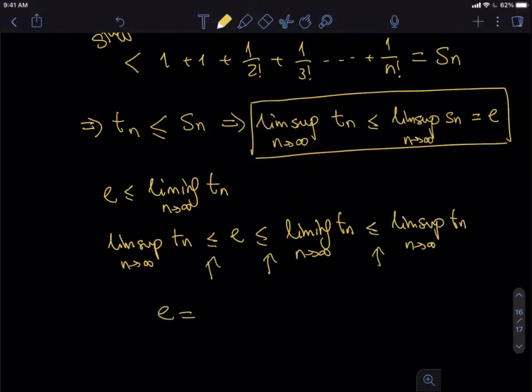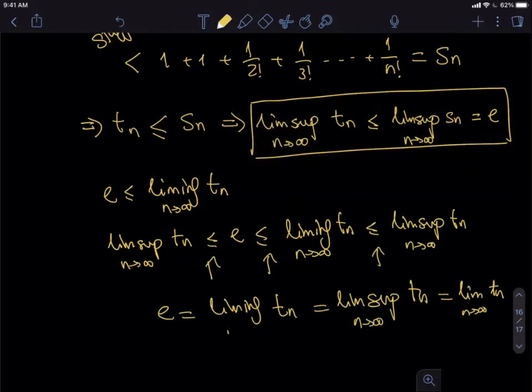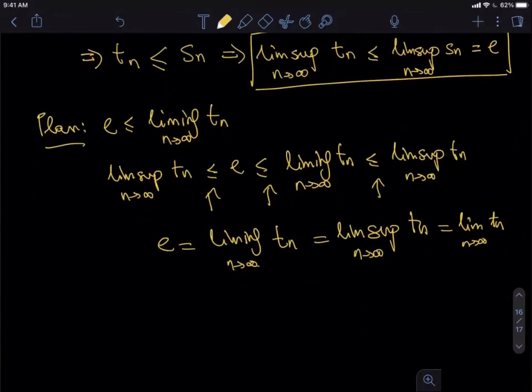We have that e equals the lim inf of the Tn equals the lim sup, and when the lim sup and the lim inf are equal, then that's equal to the limit. Okay, so this is the game plan. But we need to prove that e is less or equal than the lim inf.